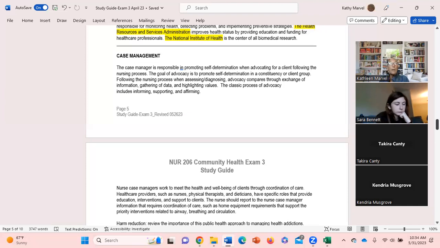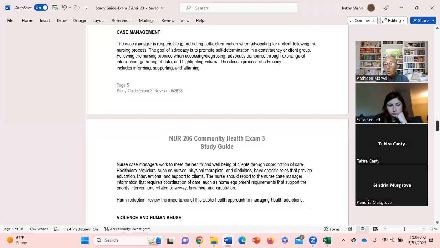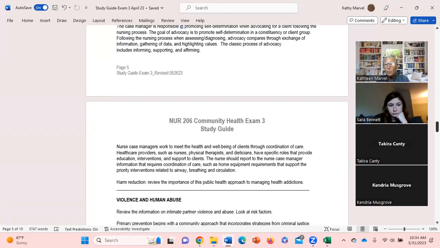So who might case managers work with? Maybe medical equipment companies, PT, OT, speech, mental health. Nurses are often in case management roles. Case managers are discharge planners, admission planners, and transition of care planners.